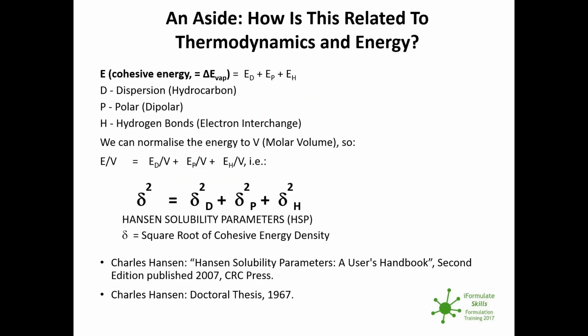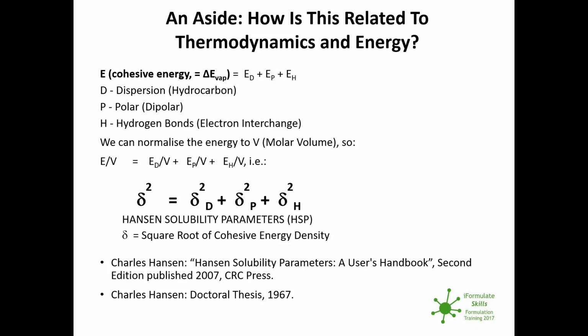Now we've mentioned thermodynamics and energy earlier on. How are all these things related to thermodynamics and energy? Well, actually quite simply. If we look at the thermodynamics, or the cohesive energy, or the energy of vaporization of a solid or a solvent, that can be divided up into 3 terms: polar, dispersion and hydrogen bonding terms. That's energy.